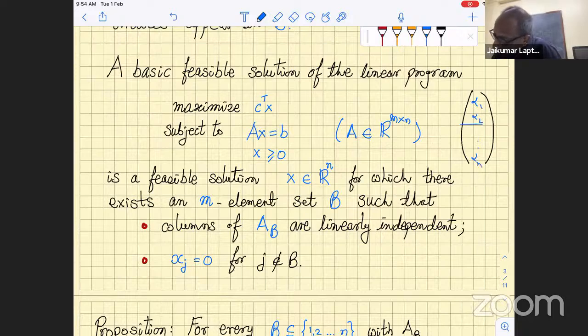Now some of them were 0 and some of them were non-zero. Suppose these were strictly greater than 0, because variables, if they are non-zero, they have to be greater than 0. So look at those positions, those indices where the variables are greater than 0.